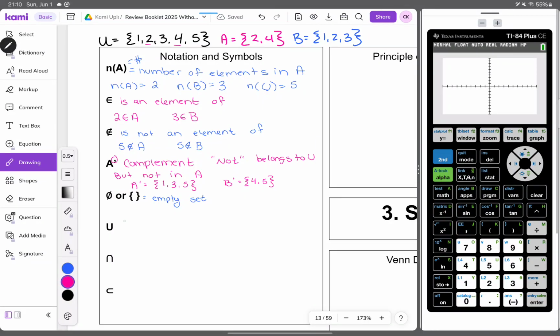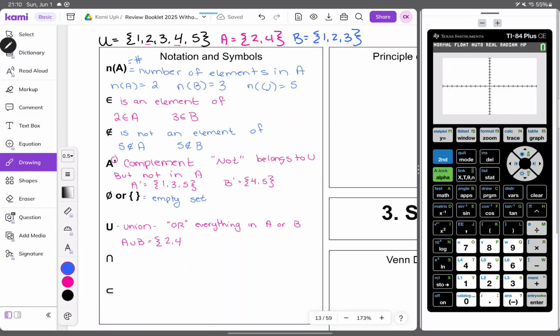This here, that kind of looks like a U. Remember, this just means union. And it's the English word or. So it's everything in A or B. So if I wanted A union B, well, I need everything in A, which is 2 and 4.